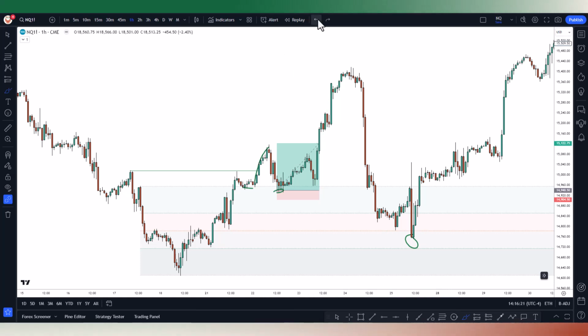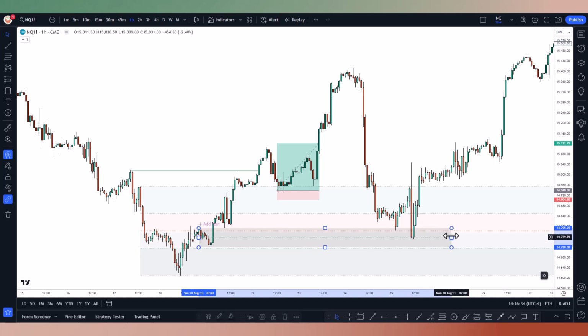And in this case, why we didn't trade exactly at the 70, it's because we had this unmitigated zone in here. We tapped in at the 50% of this zone.